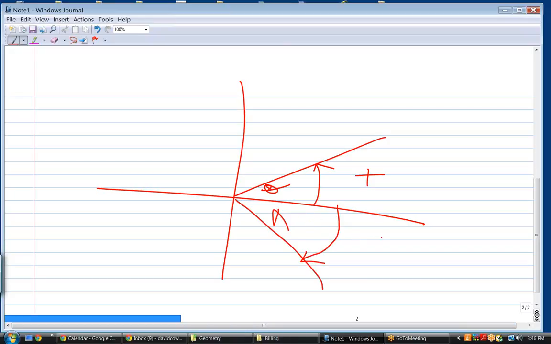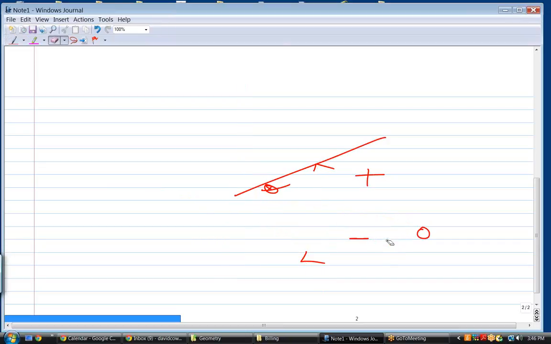In other words, I might say that's minus 45 degrees. Okay? So it's not really that you can't have negative angles. They do deal with negative angles in trig, but in geometry you can't have negative angles. In your geometry class this whole year, you're not going to ever have negative angles. Okay?